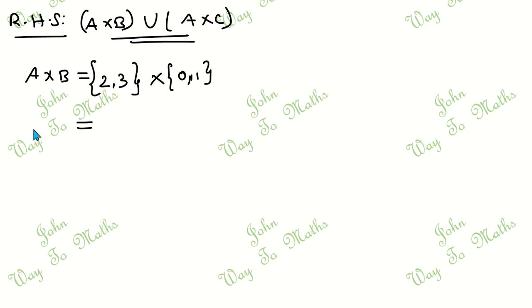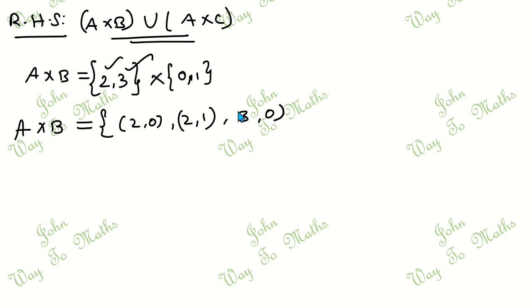So here the product A cross B is equal to, so first I'm going to choose 2. So here 2 comma 0, then 2 comma 1. Then I'm going to choose 3. So 3 comma 0, then 3 comma 1.